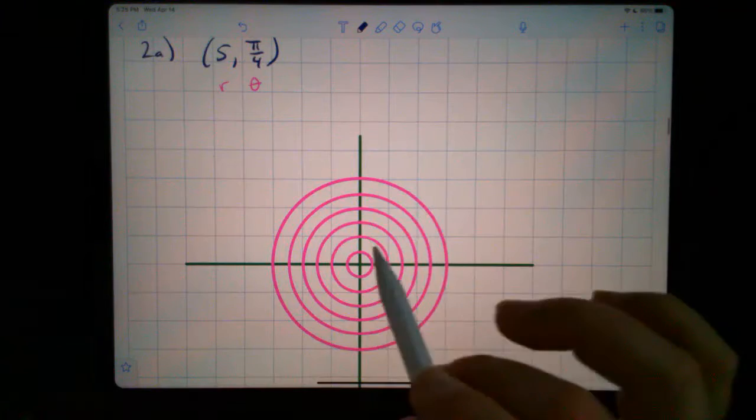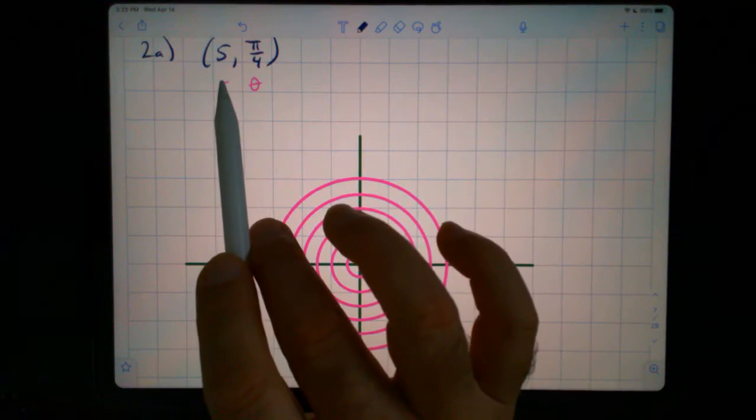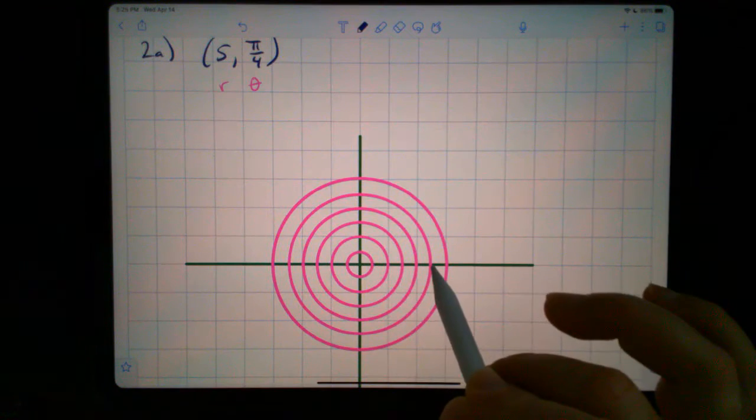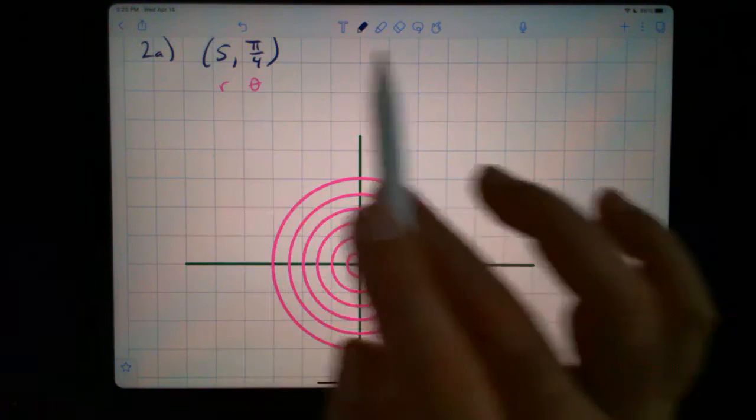I'm going to want this for later. So the radius of 5, 1, 2, 3, 4, 5, and an angle of 45 degrees.